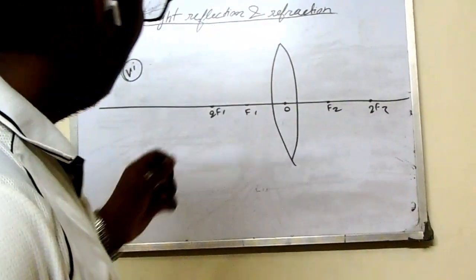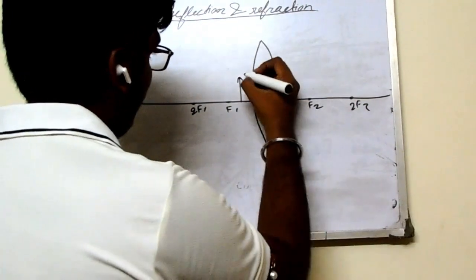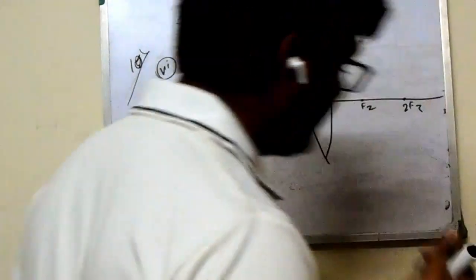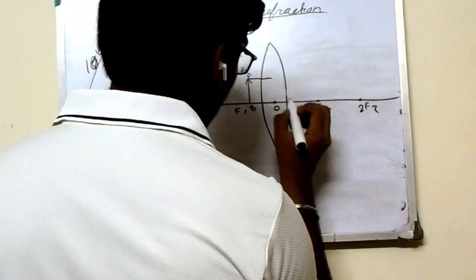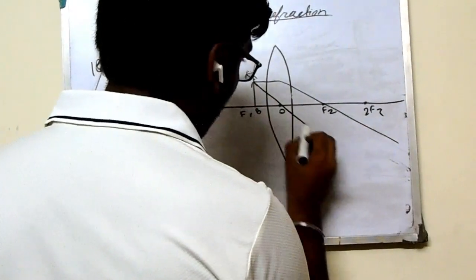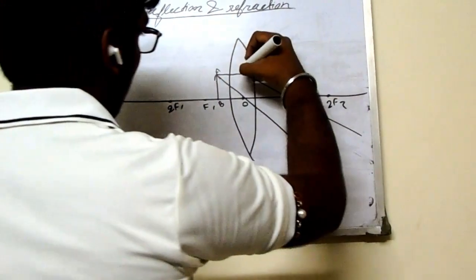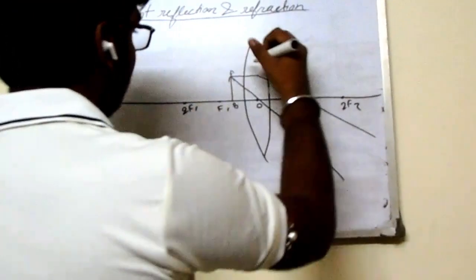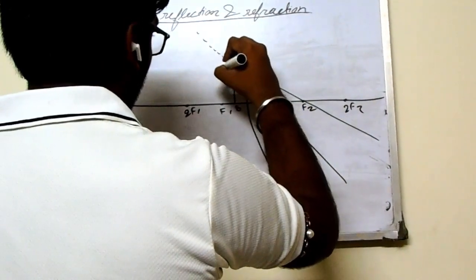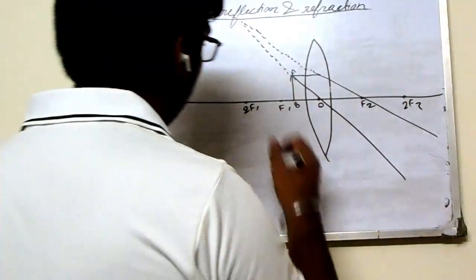So now let the object be between center and F1, A and B. One passes through F2 and one passes through the center. Now the continuation is in the left side, as it is a lens. So it is forming image.